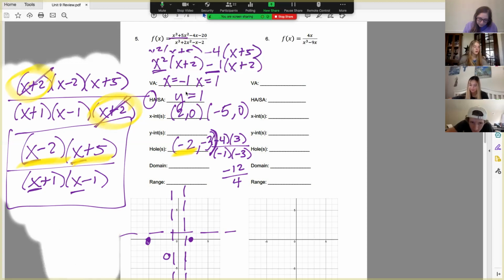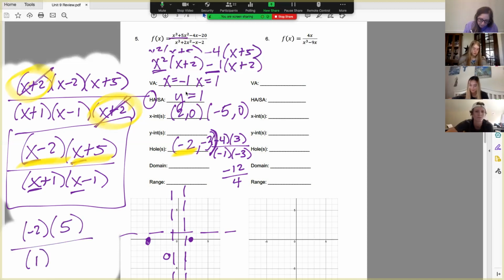So if I plug in 0 for x, I end up getting negative 2 times 5 over 1 times negative 1, which is 10, which is all the way up here and it ran out of room.